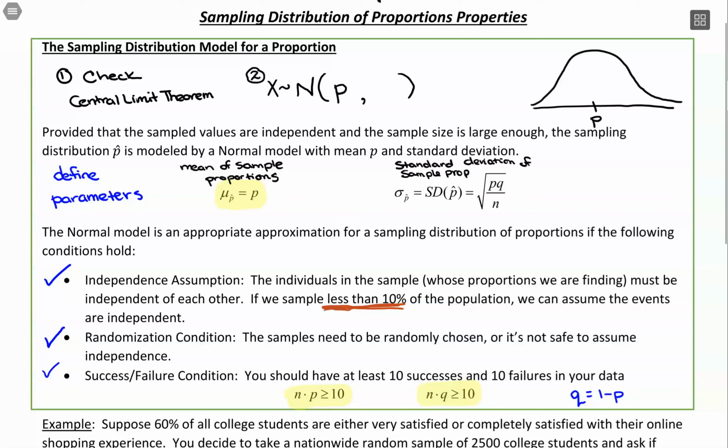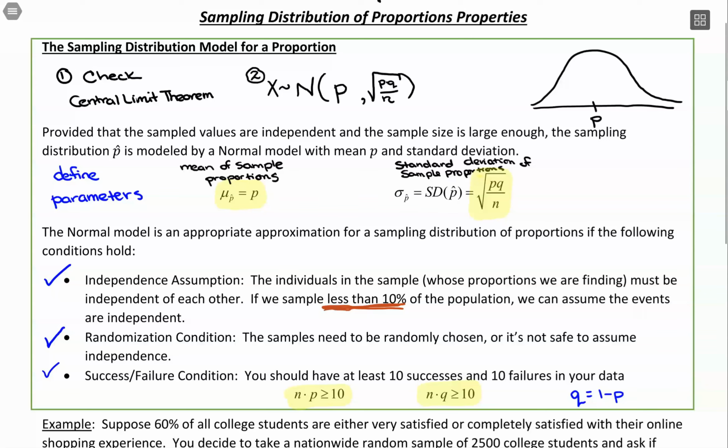You can write it either way, with the population standard deviation symbol with the subscript of p hat, or SD of p hat, same thing. What we'll be taking is the square root of p times q over n. So to get our standard deviation, we'll have this calculation to do of p times q over our sample size, all under the square root together.